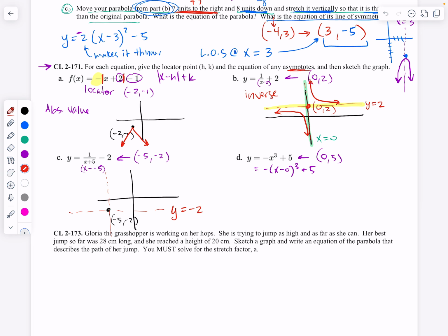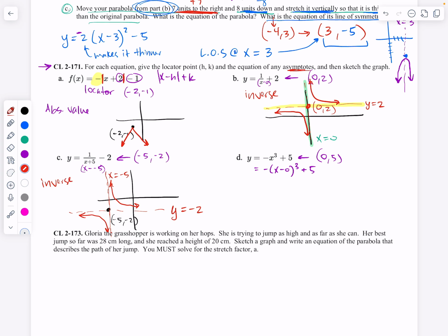And this other line, this one here, is at x equals -5. And then I'm just going to take the double curve and put one here and then one here. So this is also inverse.